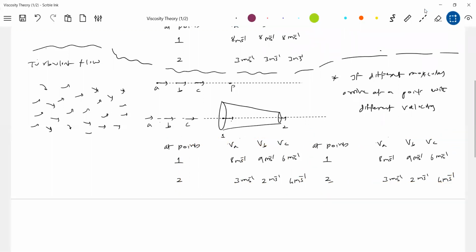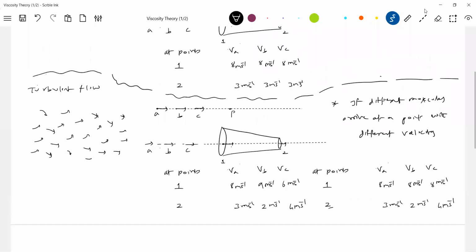They all arrive. I think I'll put directions also. What do you mean by the red color arrow? Towards the right. So here it may be like this.